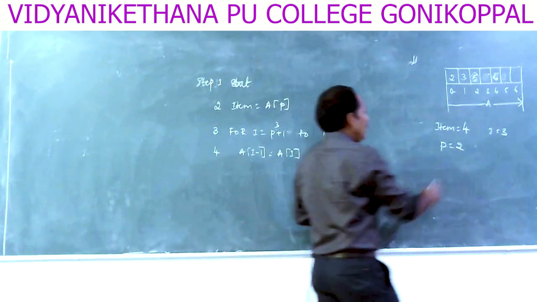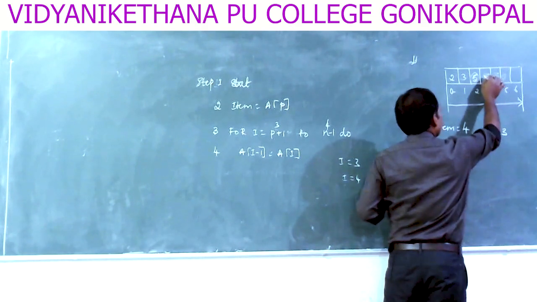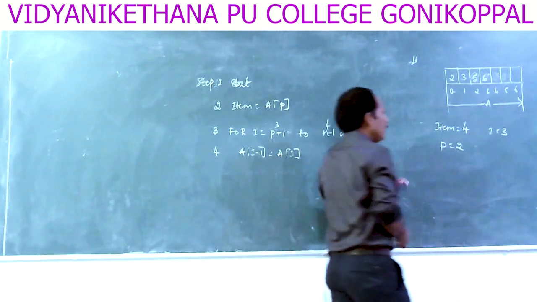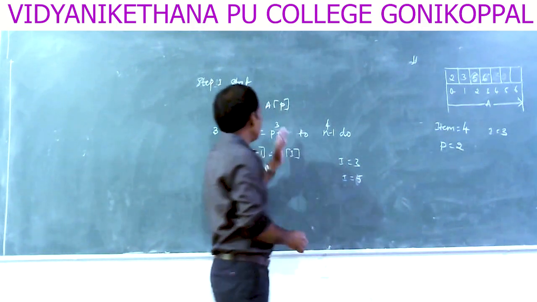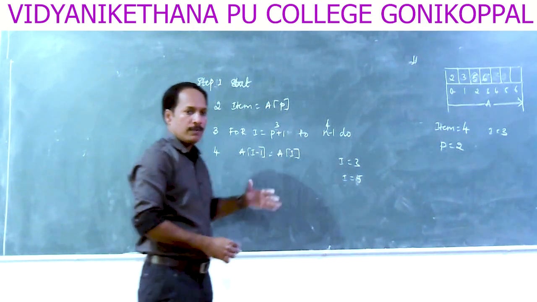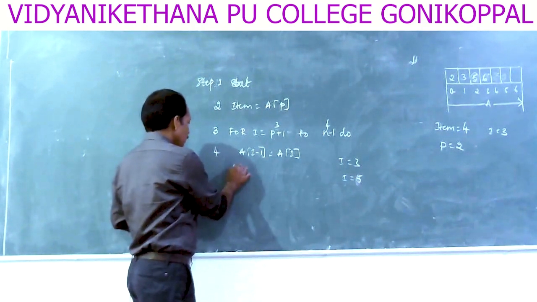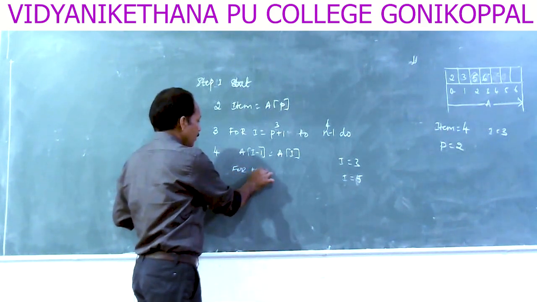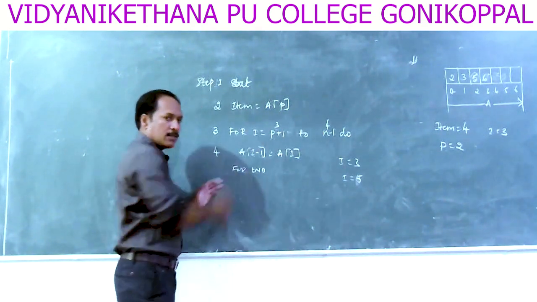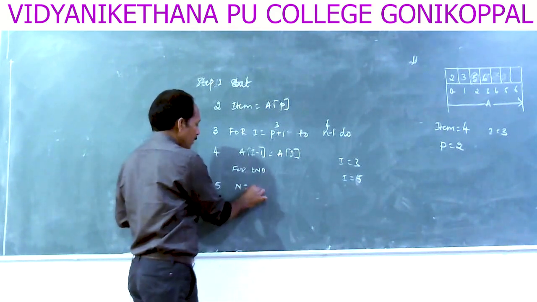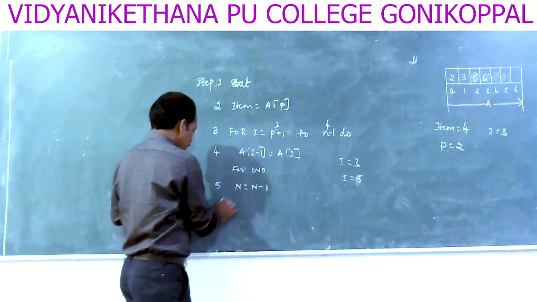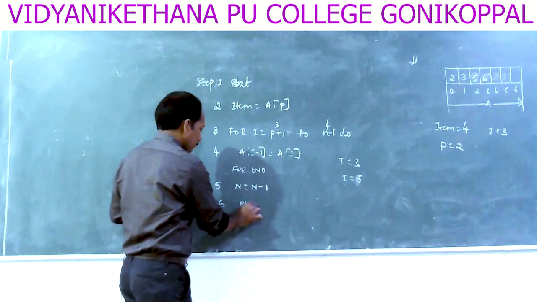We have element 6, which will be copied to here. Then I plus plus makes 5. 5 is less than or equal to 4 is false, we quit. We'll take an example once again. After this, the number of elements is reduced by 1, then stop the algorithm.